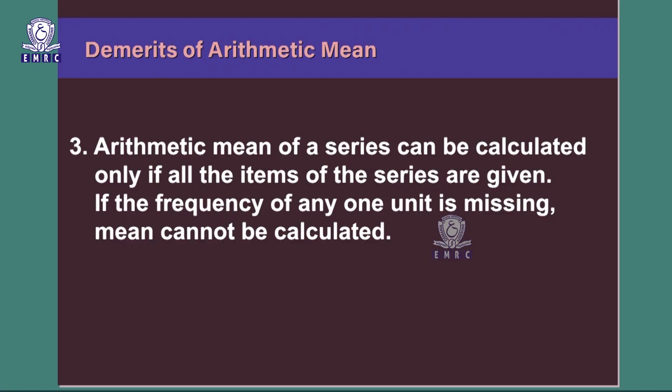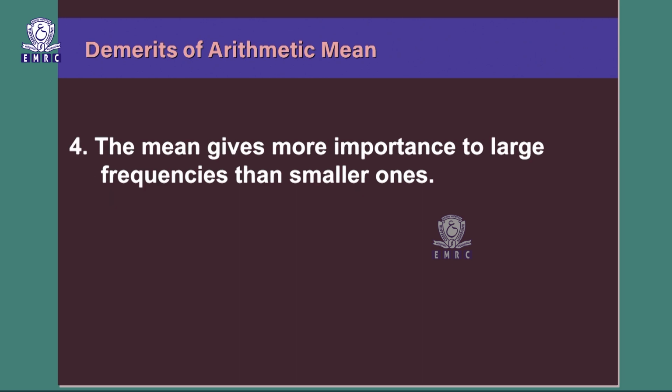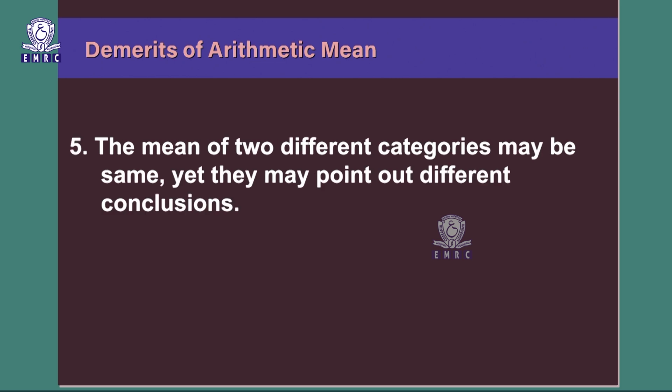The third one is that arithmetic mean of a series can be calculated only if all the items of the series are given. If the frequency of any one unit is missing, mean cannot be calculated. The mean gives more importance to large frequencies than smaller ones. The mean of two different categories may be the same, yet they may point out different conclusions.